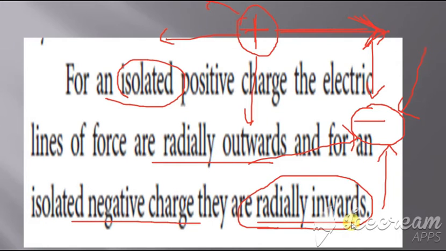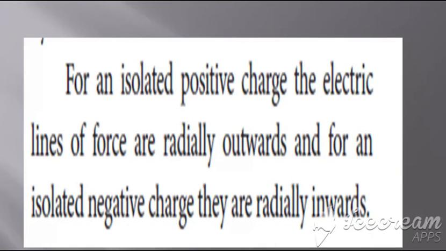Clear with this concept? For positive charge they are outward because it moves from positive to negative, so from here it is moving outside. For negative charge it is inwards, because from positive it is coming inside. Clear with the direction of this?